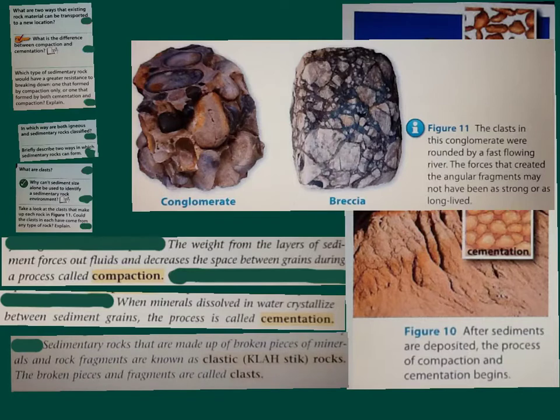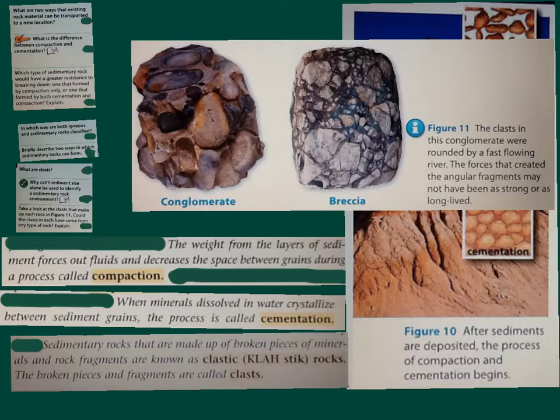That's because ice can move both large and small clasts. Geologists study the shape of clasts to help determine the environment where a rock formed. For example, a fast-flowing river and ocean waves tend to move large sediment. Small, gritty sediment is typically deposited in calm environments, such as the seafloor or the bottom of a lake. Reading check. Why can't sediment size alone be used to identify a sedimentary rock environment?